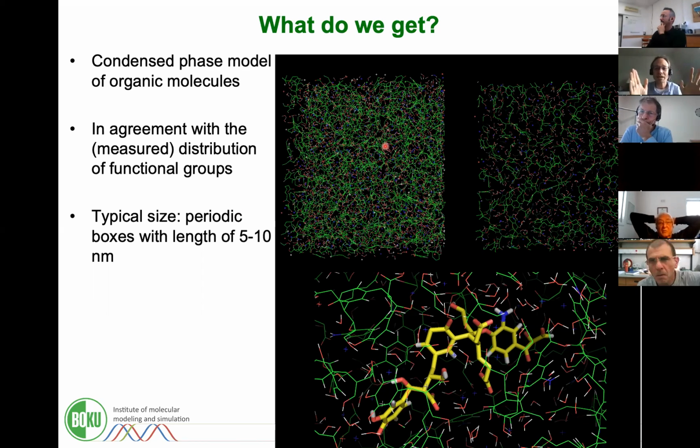So it's really tiny, but we simulate them under periodic boundary conditions. That means if a particle moves out on one side of the box, it comes in on the other side, so it looks as if it is an infinite lattice of these systems. We don't have boundary effects due to the small sample size, but of course we have only a limited number of molecules.